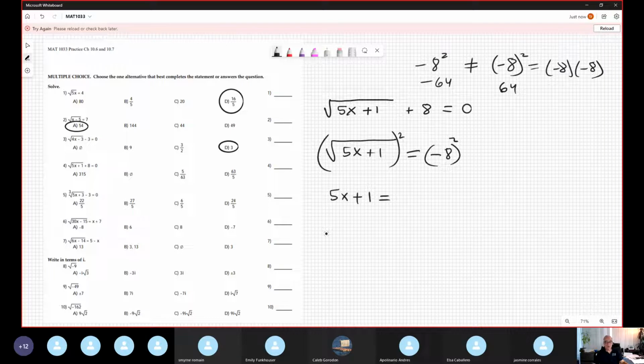In this case, square everything, not in particular the 8. So 64. Now 5x is equal to 64 minus 1, which is 63. Divided by 5, the potential solution is 63 over 5.